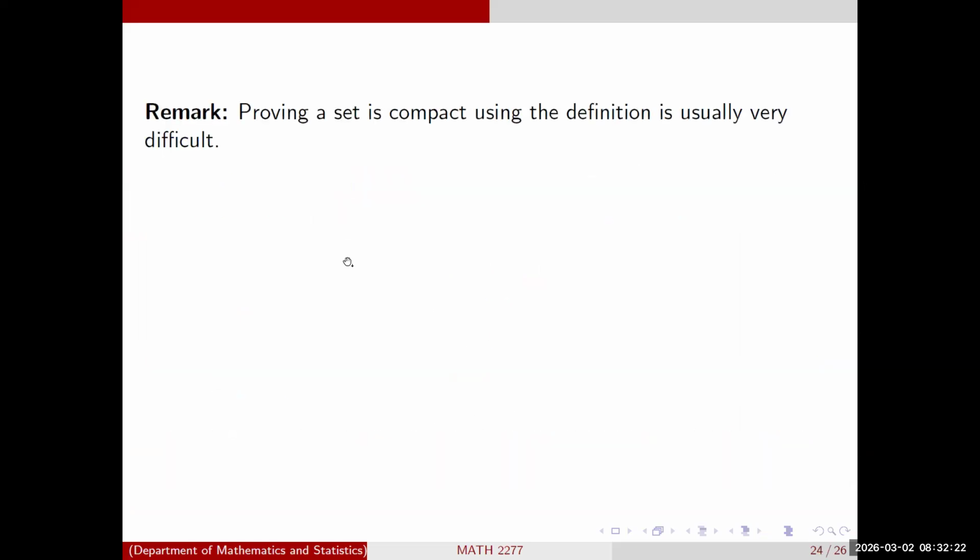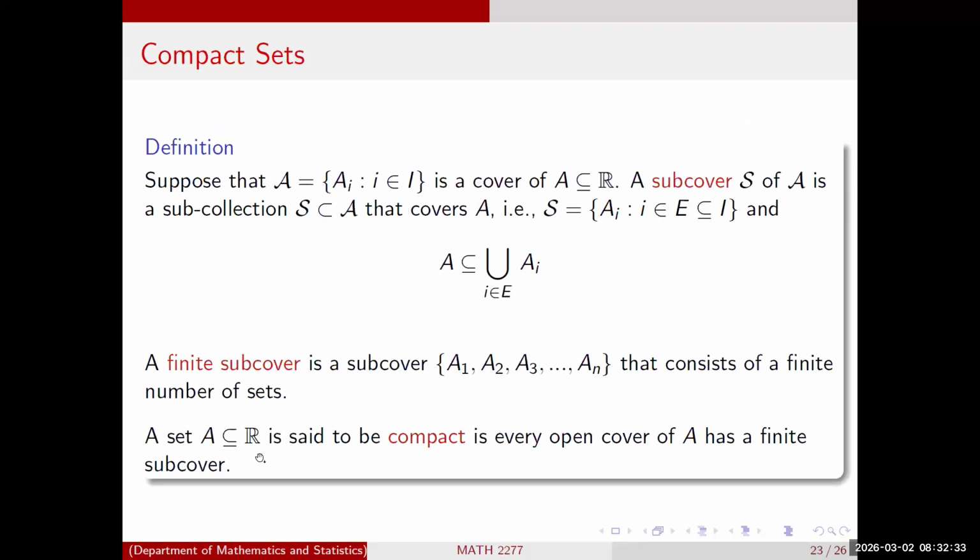Now I put here as a remark that proving a set is compact using this definition is usually very difficult. Why is it very difficult? Let's look at the definition. It's not impossible, but it's very difficult because you need to account for every single possible open cover, right?